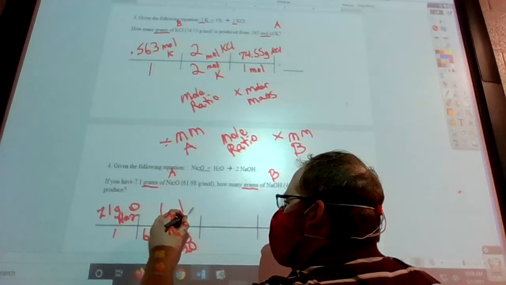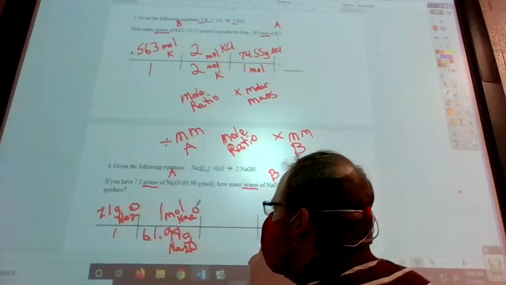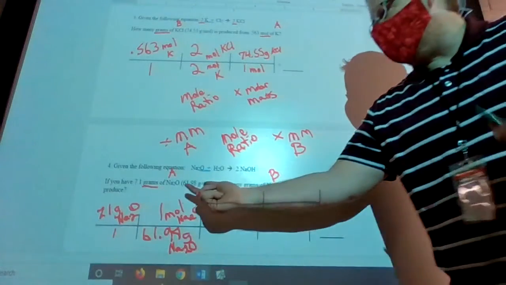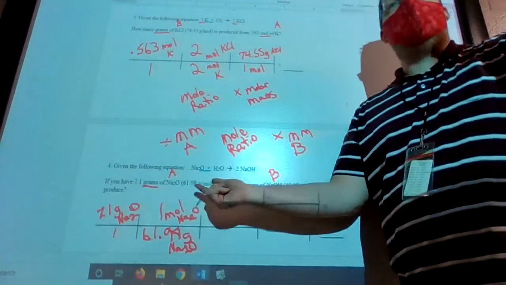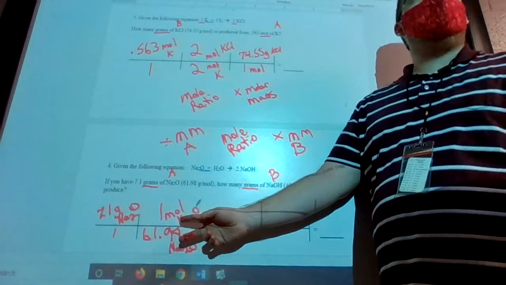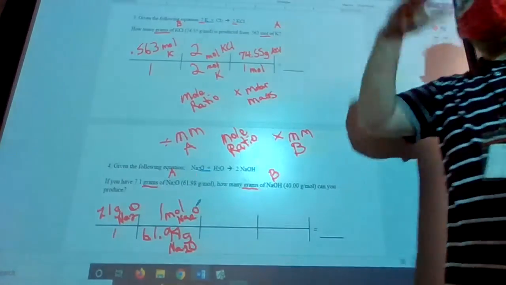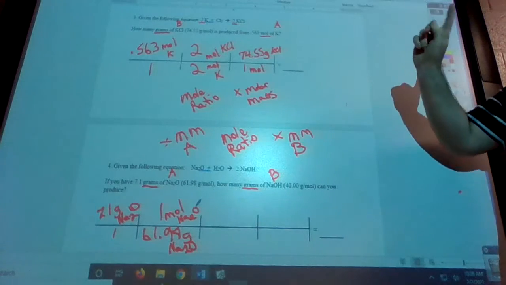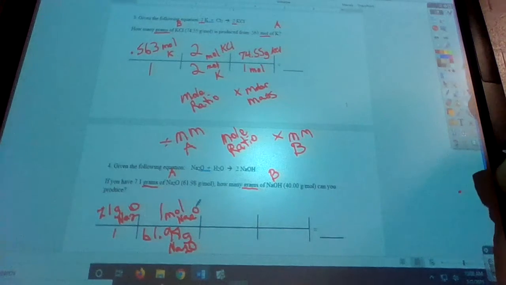So that 61.98 grams is equal to 1 mole. That's what goes on top. Anytime I got Avogadro's number or a molar mass, the other side of that fraction is going to just be 1 mole of that chemical.